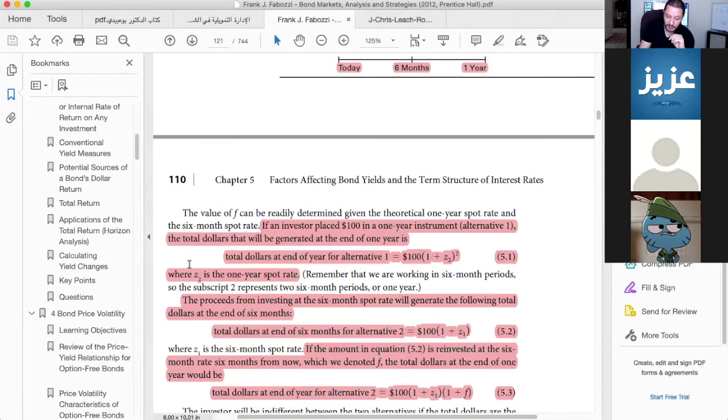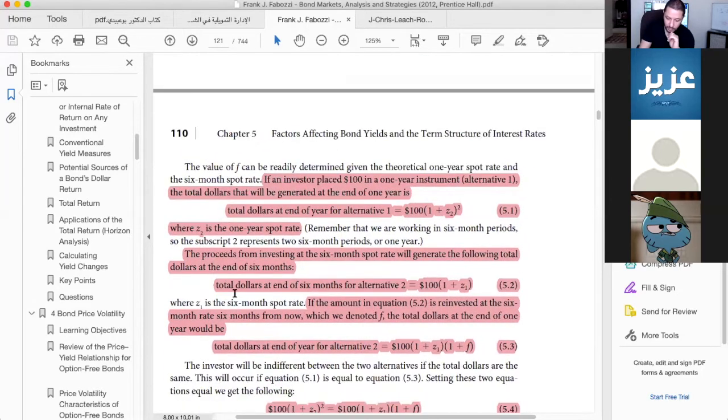So Z2 is the 1 year spot rate. The proceeds from investing at the 6 months spot rate will generate the following total dollars at the end of 6 months. So we have $100 times 1 plus Z1. So this is for the second alternative.